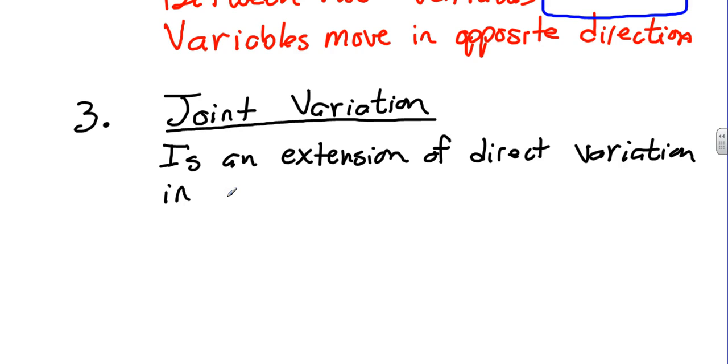Here's what makes it to me when I see this one to realize it's the extension of direct variation. Because with direct variation you're multiplying the things together. Joint variation, it's the same thing. You're going to multiply the different things together, but now instead of just having one variable, you're going to have two variables on this part. So to me, when I say that it's just an extension of direct variation, in that you have two or more variables, or that you multiply two or more variables together.